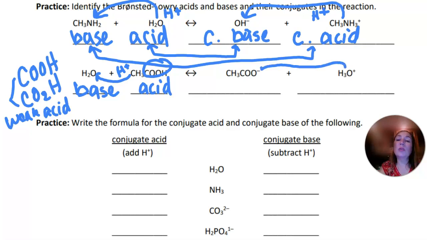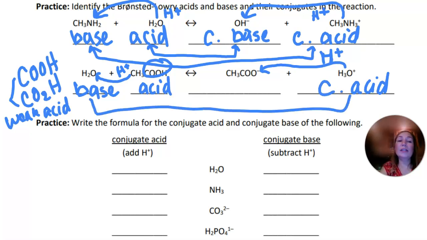Well, the proton will travel from H3O plus back. So H3O plus is acting as an acid, the conjugate acid. The conjugate acid to water is a base here. And here we're accepting, so that's a base. It's the conjugate base of the acid here.